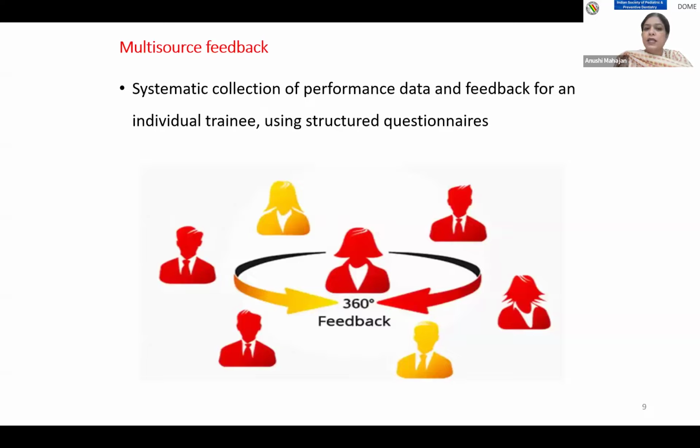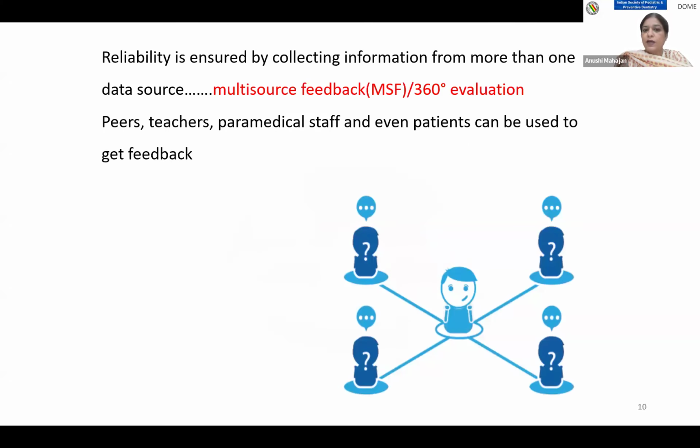So it is a systematic collection of performance data and feedback for an individual trainee using structured questionnaires. Structured questionnaires are provided to all the people who are going to provide feedback. The reliability increases because the number of people providing feedback increases. So the student gets a clear idea of his or her performance.